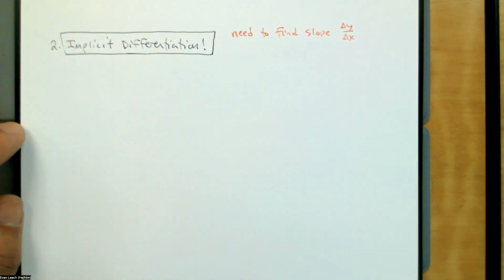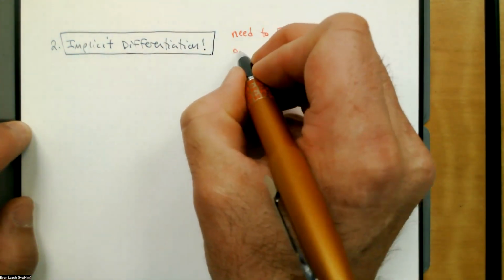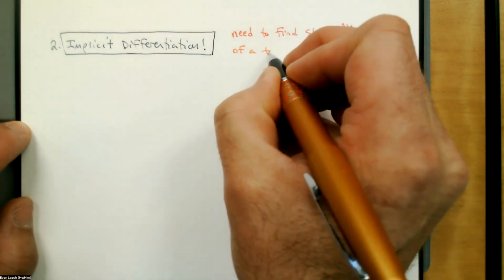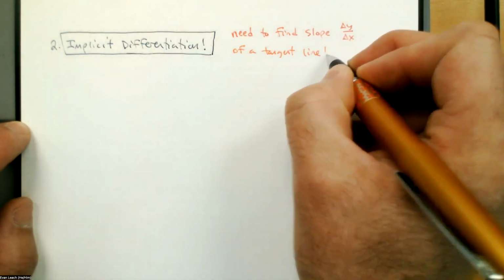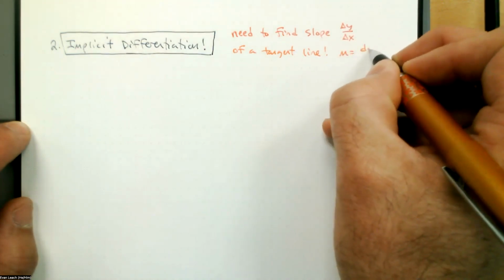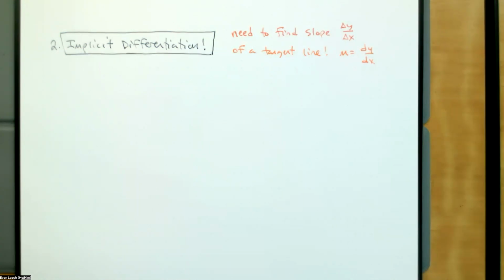You need to find a slope, which is delta y over delta x, but it's a tangent line. So our slope is going to be dy over dx. Our x's and y's are going to be all mixed up.